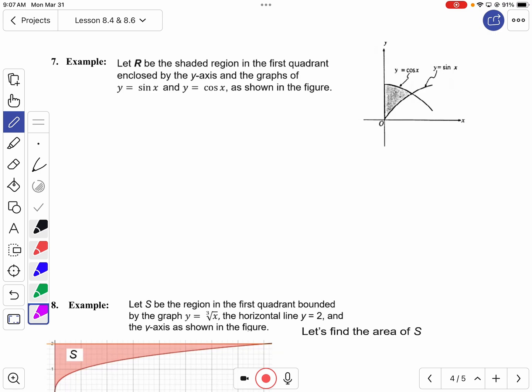Oh, I see what you mean. For the boundaries, I wrote pi over 2 to pi over 4.